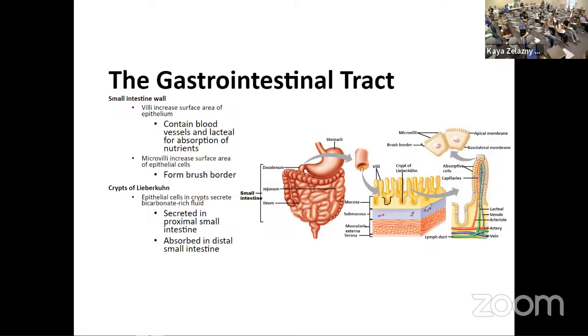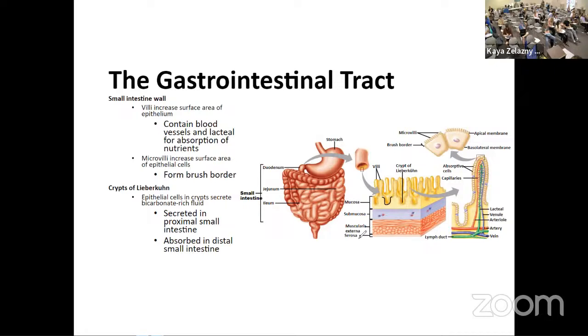So we're squeezing a fluid that's highly acidic into the small intestine. So the crypts of Lieberkühn secreting this bicarbonate-rich fluid are essentially protecting your small intestine, helping us buffer out that acidity, again, protecting the tissue of the small intestine itself as you move forward, okay? So this is protecting tissue. So it's getting secreted in the proximal intestine.